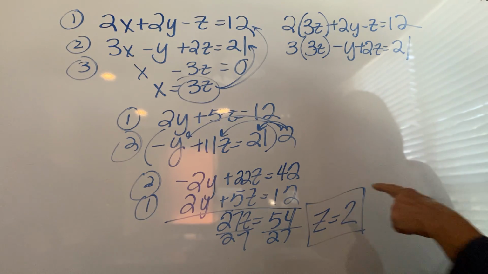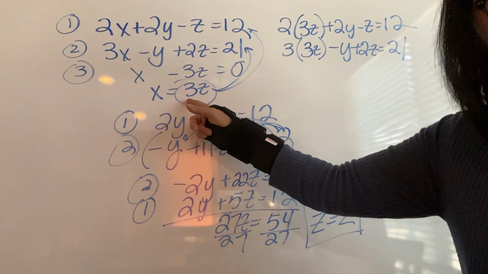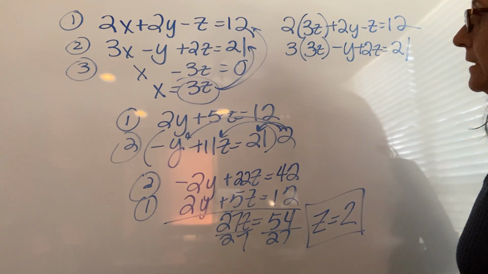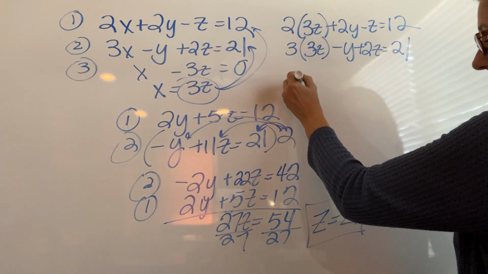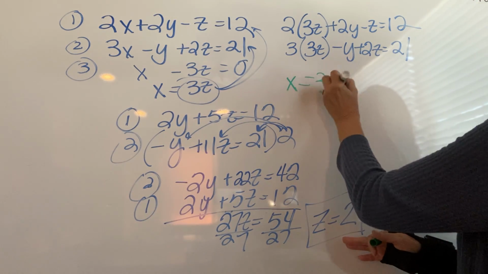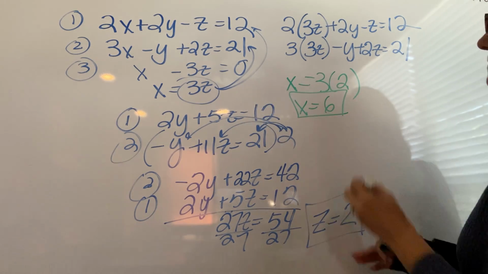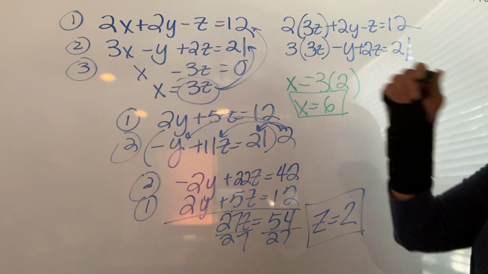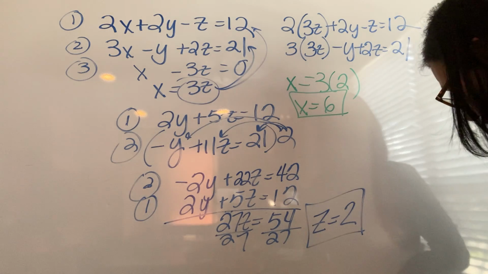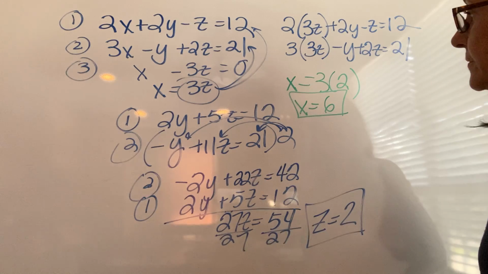All right, now that I have z, I'm going to go back and solve for x. So the value of x is equal to 3 times the value of z, which is 2. So x is 6. Now I'm going to go back to the original equation. I think I'm going to go back into equation 1 to solve for all of the variables.